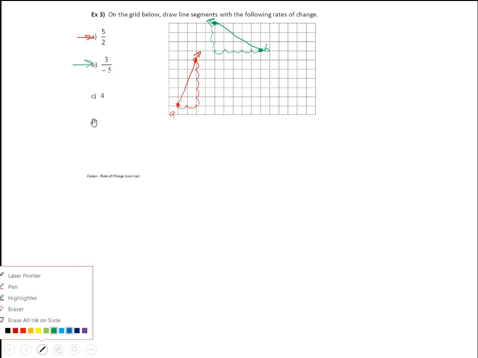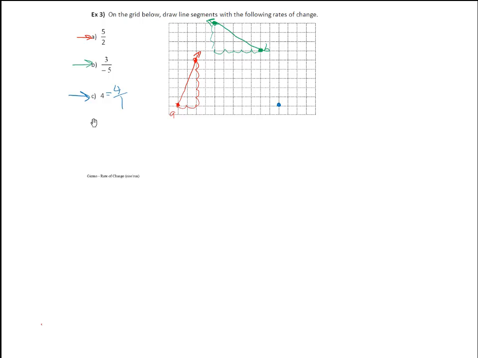Next example, I'll use blue. So for question C here, I have just 4. So for C, I'm actually going to start way down here. 4 is really just equal to 4 over 1, right? Then we have our rise over our run again, just like we did in the past. So we rise 4, we run 1.